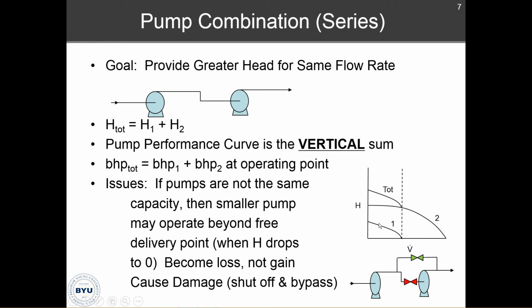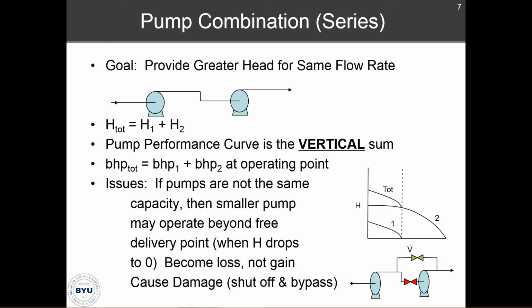If you pump out here, suddenly you're pushing against the pump blades, and you are creating a loss rather than providing head. So that's one of the risks of adding pumps together vertically, or in other words, in series, is if they are not the same size, then you could run beyond the free delivery point of the smaller pump.